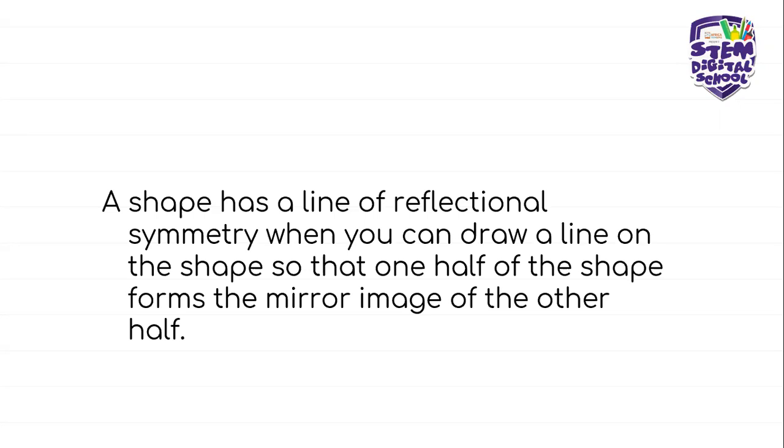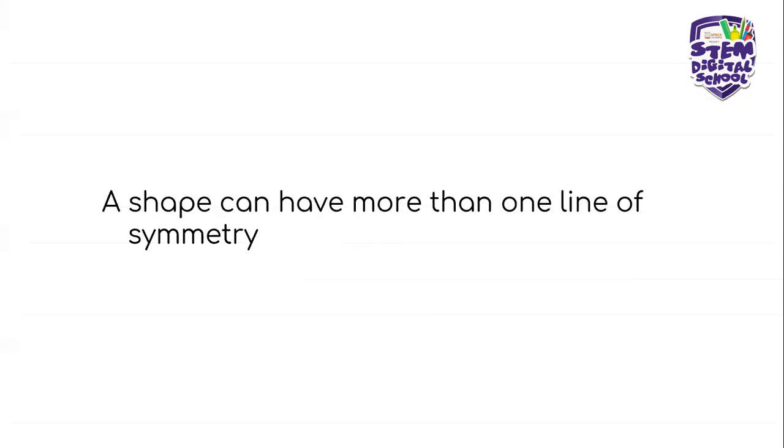And I'm going to show you some examples. But what is important to note this morning is that a shape can have more than one line of symmetry. It's not every shape, but some shapes can have more than one line of symmetry.